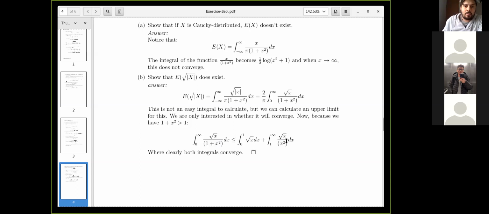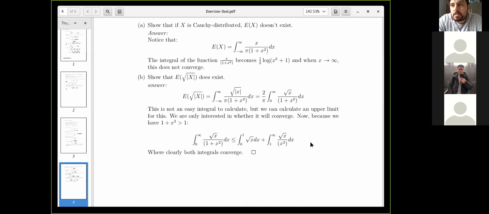This, on the other hand, is x to the minus 1.5, and the integral of that is roughly equal to 1 over the square root of x. Both of these converge, clearly. So whatever this is, it's smaller than that, and that's a finite number. That's good enough for us.